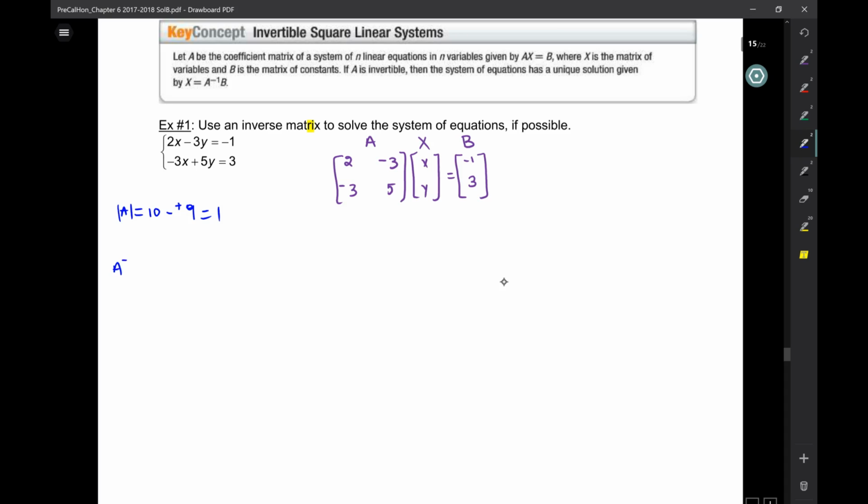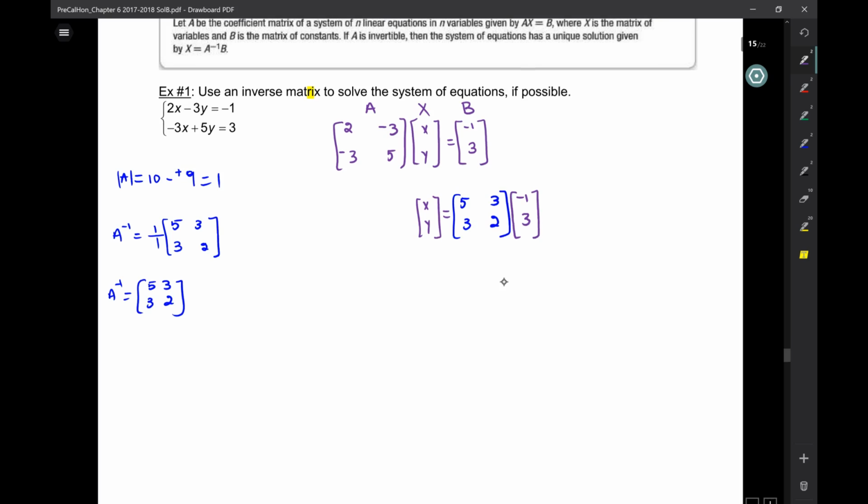So A inverse is 1 over 1 times, I switch the places of the main diagonal, flip the signs of the second diagonal. So that's my matrix. That's A inverse. So now, the matrix XY is going to equal A inverse, 5, 3, 3, 2, times B.